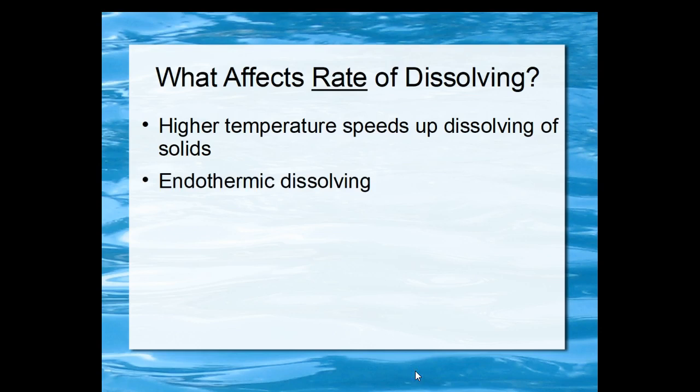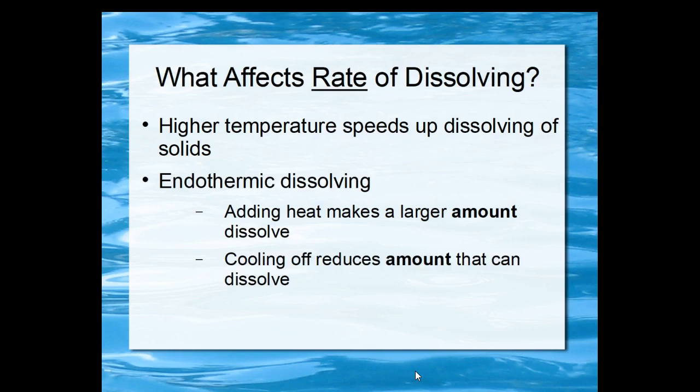Endothermic dissolving processes are really very much affected by higher temperatures because it requires energy to get the solid to break up. Adding heat then makes a larger amount of the substance dissolve. And cooling off reduces the amount of that substance that can dissolve.